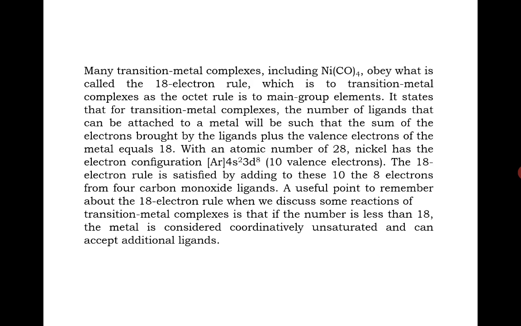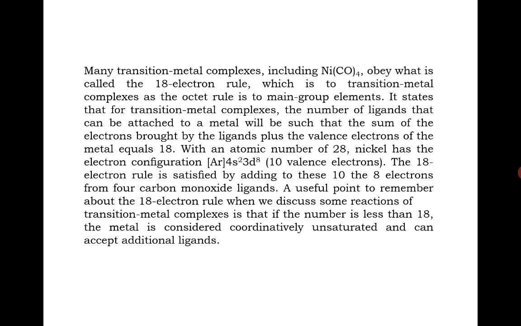It states that for transition metal complexes, the number of ligands that can be attached to a metal will be such that the sum of the electrons brought by the ligands plus the valence electrons of the metal equals 18. With an atomic number of 28, nickel has the electron configuration 4s2 3d8, that means 10 valence electrons.